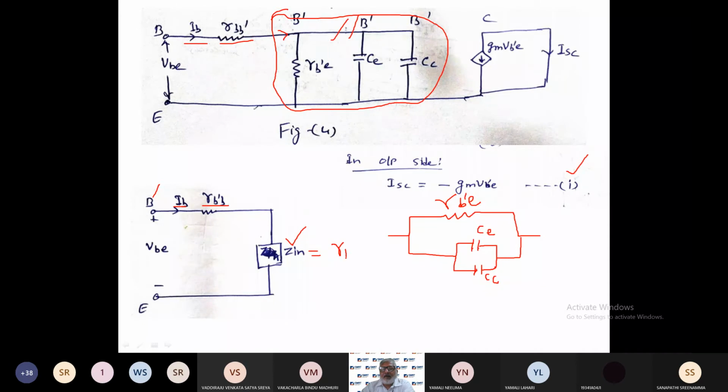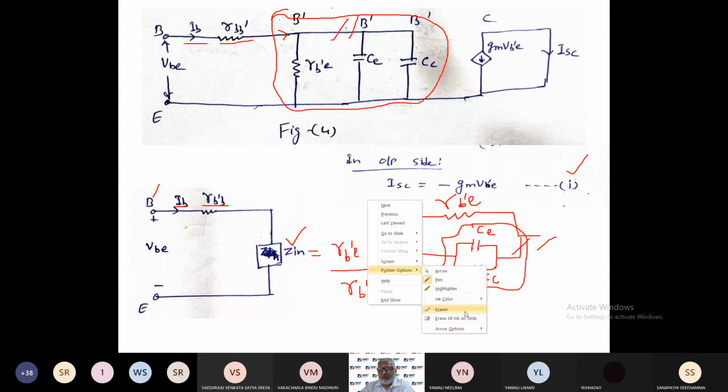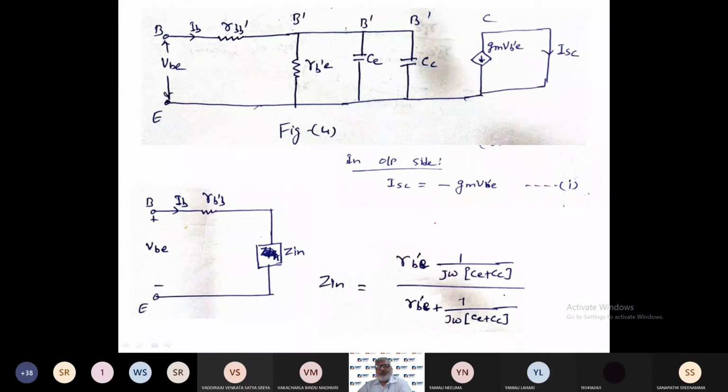R B dash E multiplied by this part, divided by R B dash E plus this part, right? So if you want to represent this, see how it is represented now. See this. R B dash E multiplied by this capacitive part.